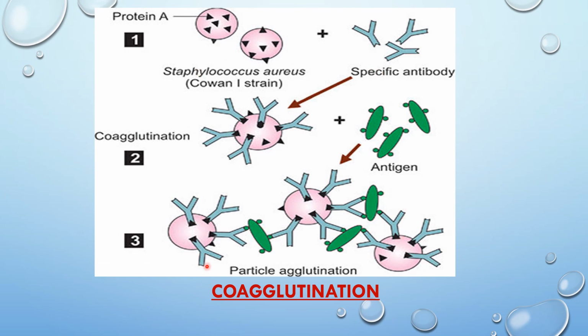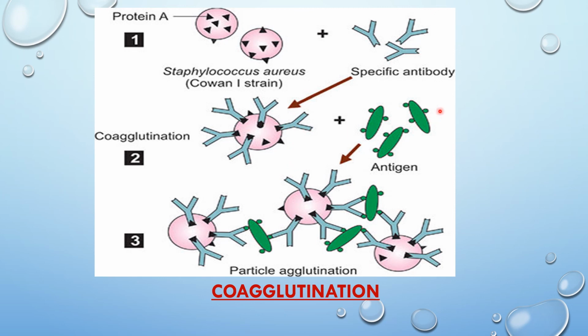This is the principle of the co-agglutination test. These are killed and treated Staphylococcus aureus Cowan 1 strain. They have protein A over their surface. When we combine these with the specific antibody, the antibody will bind to these Staphylococcus aureus cells.